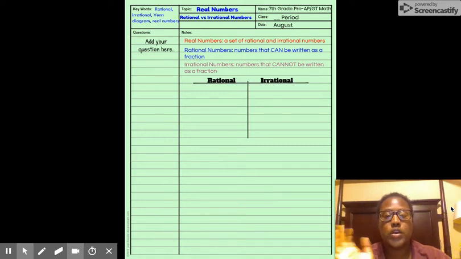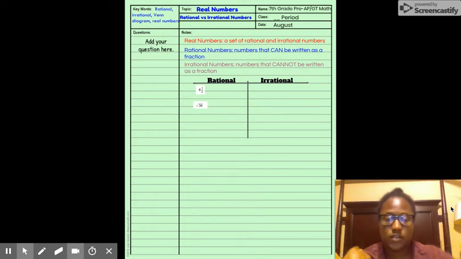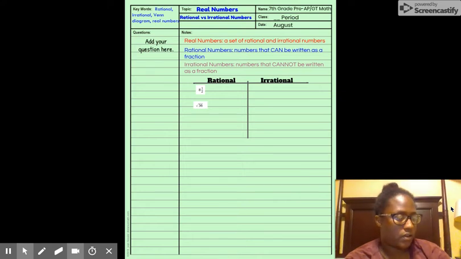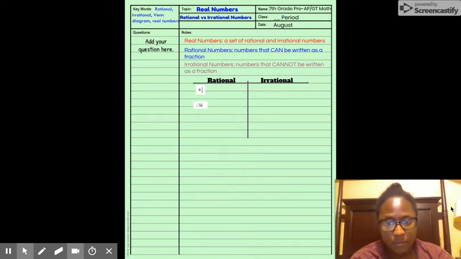All right. So we're going to go through and list some numbers that are rational and some numbers that are irrational. So 8.5 is rational, because 8.5 can be written as a fraction. Or if I use my calculator, I could turn it into an improper fraction.